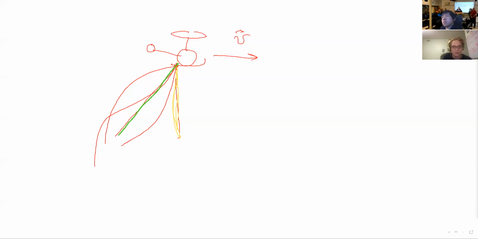The third option is that. And the fourth option, let's go pink, is this. And the fifth and final option, we'll have it be black, I guess, is this.